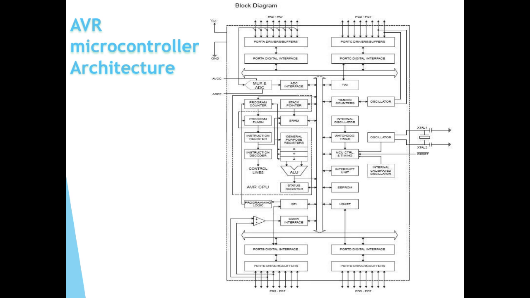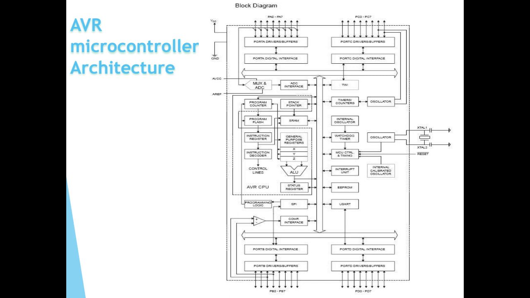Here you can see port A, B, C, D. These are the 4 ports of our AVR microcontroller, and each of them, as you see, includes 8 pins.